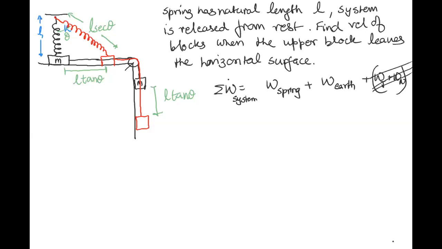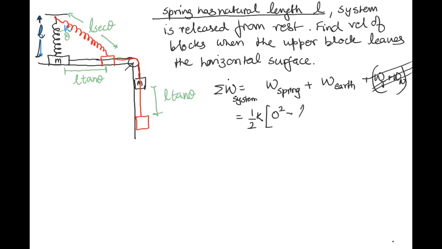So what is the work done by the spring? Well, the work done by the spring is half K initial elongation or compression square, which is 0, because the spring has a natural length L, and since this length is L, therefore it is at its natural length. Minus, okay, now here you have to be slightly more careful. You can't write L sec theta whole square, because L sec theta is the length of the spring. It is not the elongation of the spring.